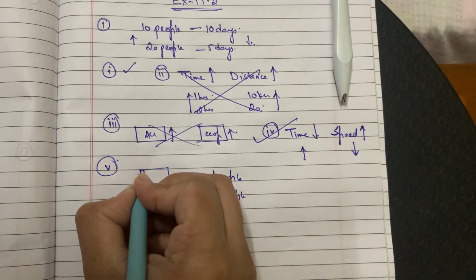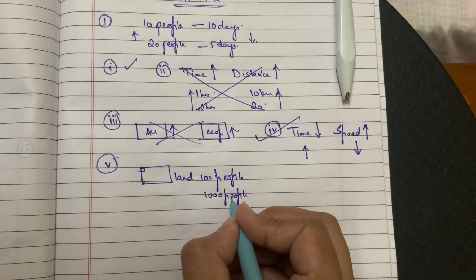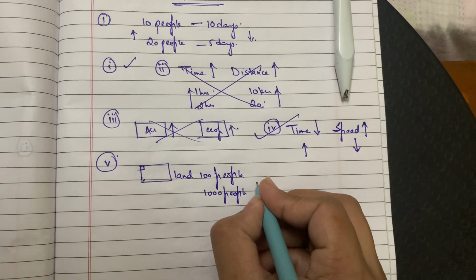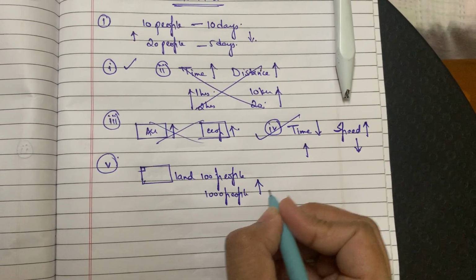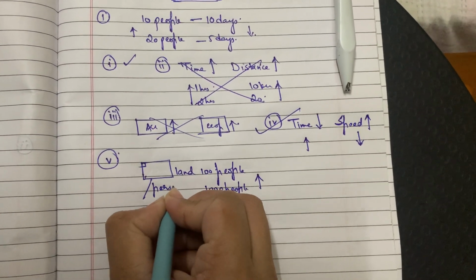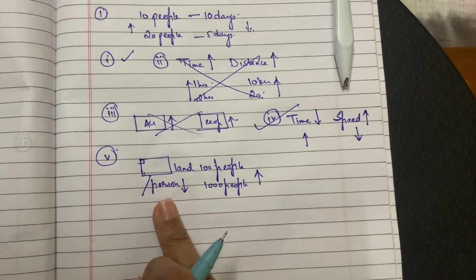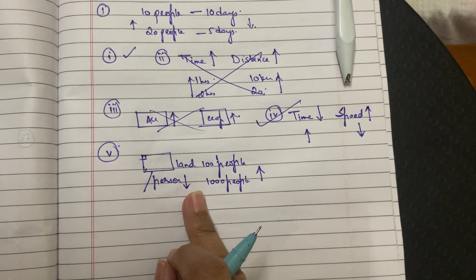How much land are they going to get? They're going to get only this much land, right? So as the population increases, the land per person will decrease. One is increasing, the other is decreasing. They are in inverse proportion here.